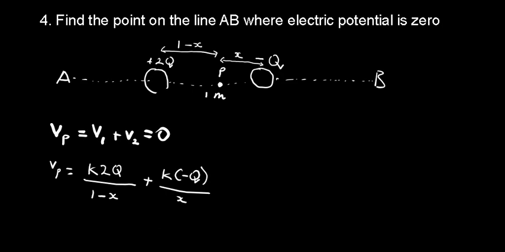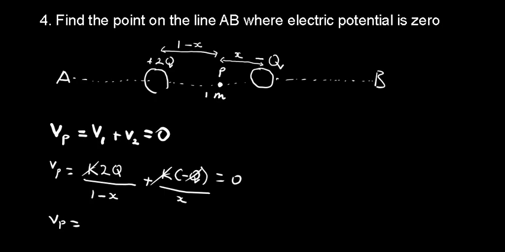So here for Vp, let's cancel. We cancel this K. We cancel this Q. Then we also cancel this negative Q, and we cancel this Q too.